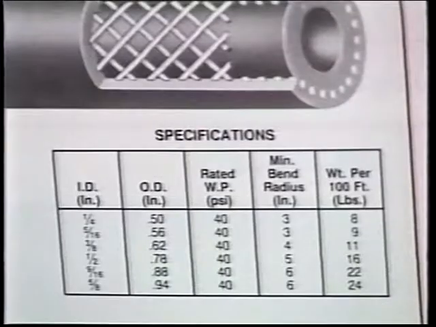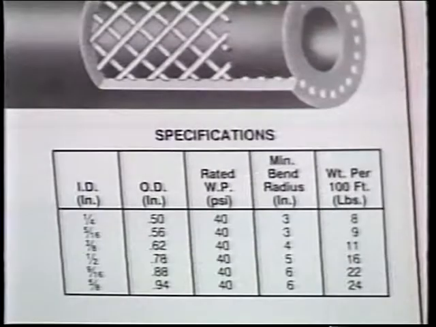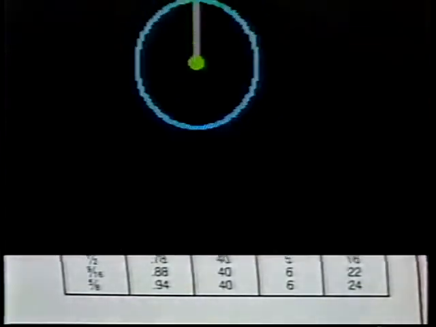The minimum bend radius is the maximum amount that the hose can be bent without causing damage, shortened service life, or restricted flow. This measurement is to the inside of the bend curvature. Twice this dimension gives the minimum bend diameter, or circle, that the hose can form.